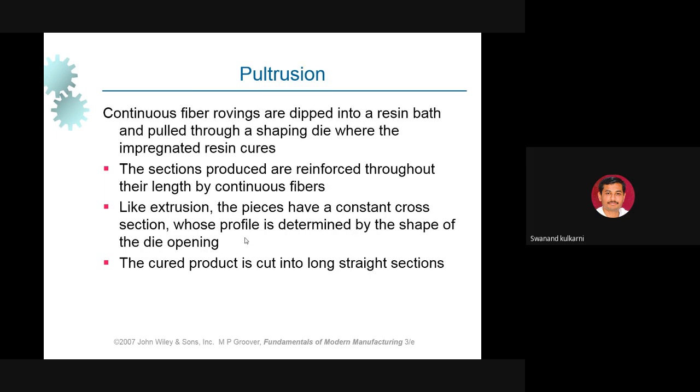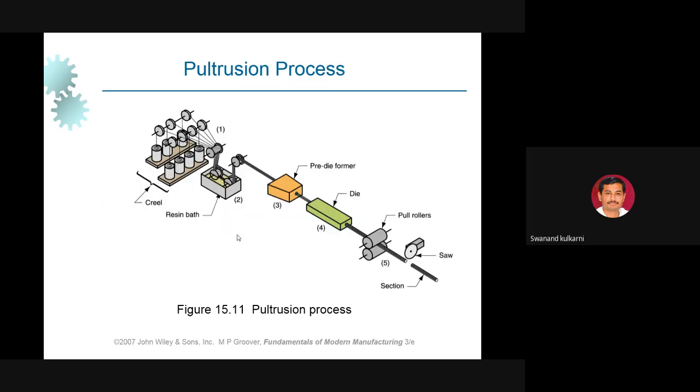Now, continuous fiber rovings are dipped into a resin bath and pulled into a shaping die, where the impregnated resin cures. The sections produced are reinforced throughout their length by continuous fiber. Then, like extrusion, the pieces have a constant cross section whose profile is determined by the shape of the die opening. The cured product is cut into long straight sections.